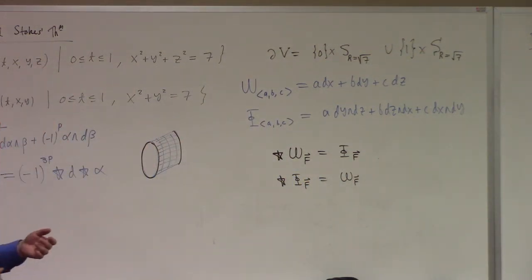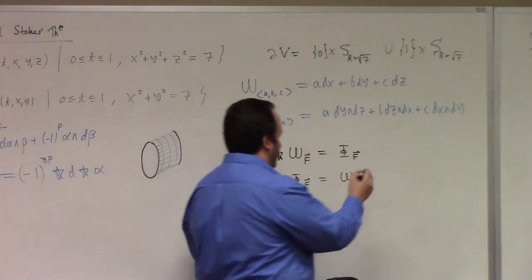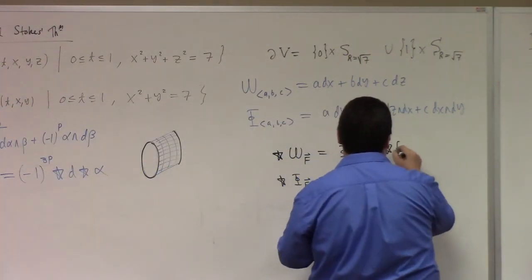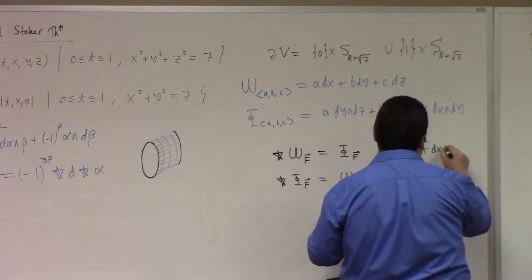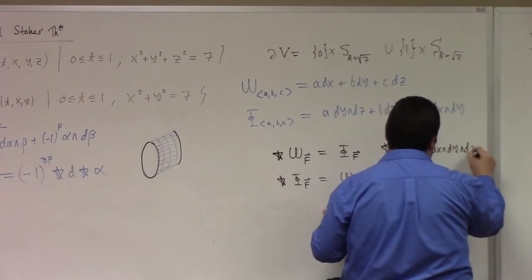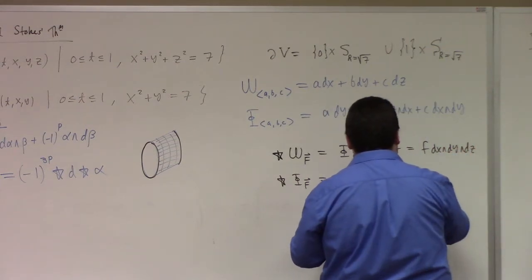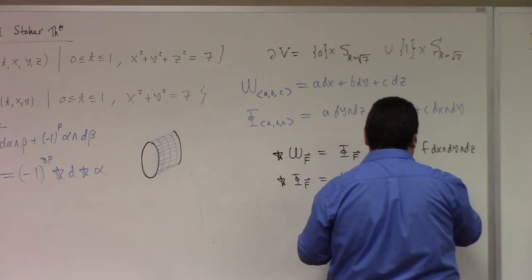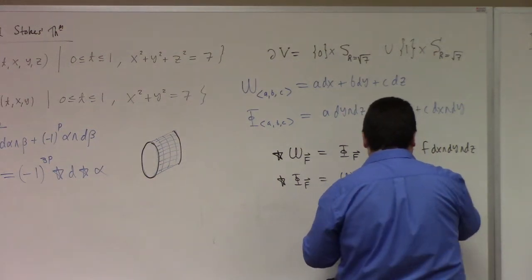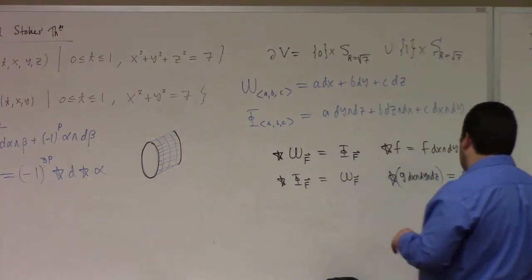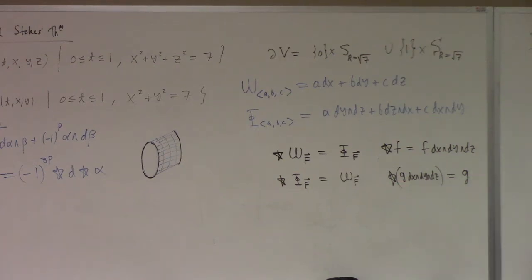Of course, the Hodge dual of a function is the function times dx wedge dy wedge dz, and the Hodge dual of a function times dx wedge dy wedge dz is just the function. That's Hodge duality in 3 dimensions over the Euclidean metric in a nutshell.